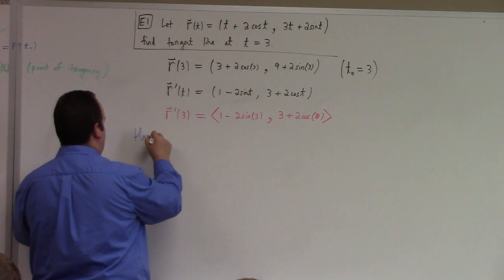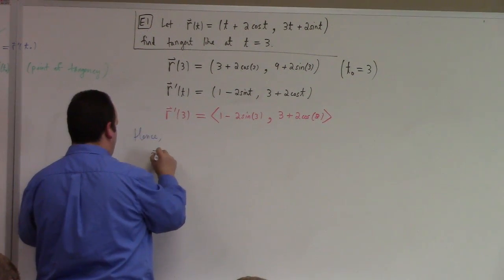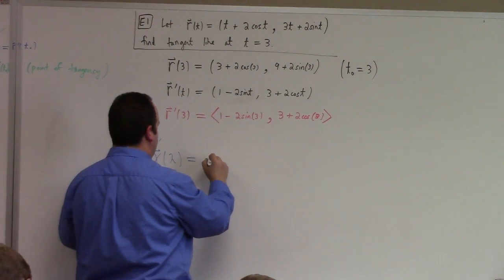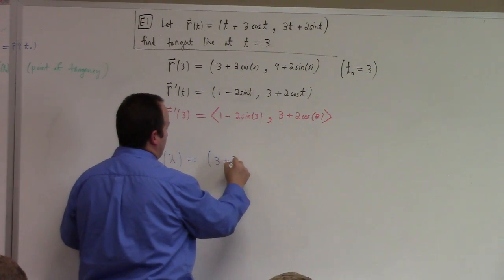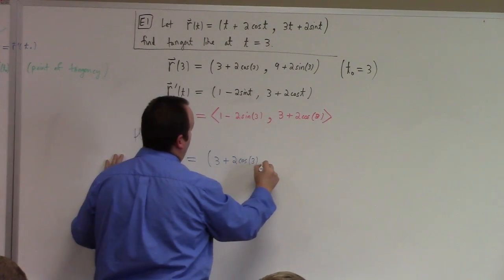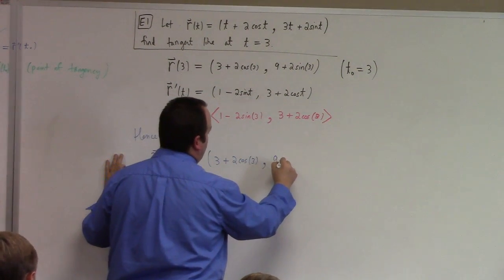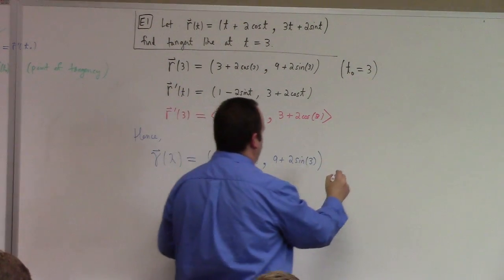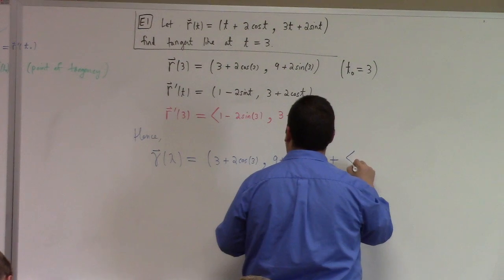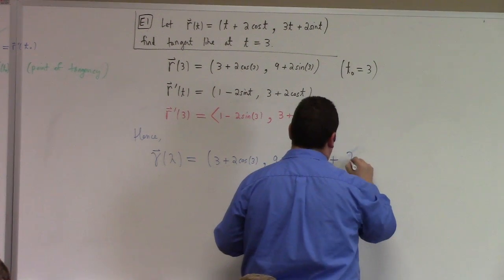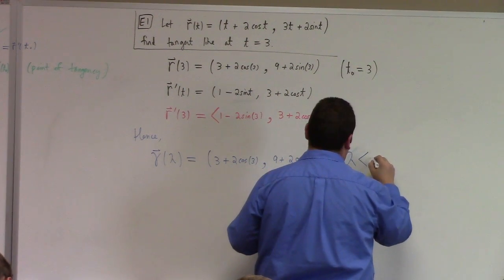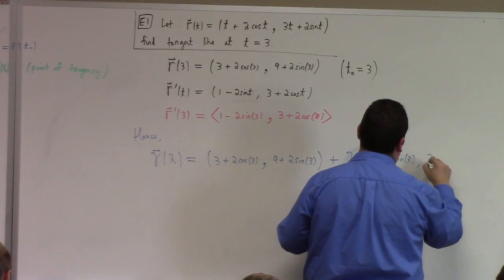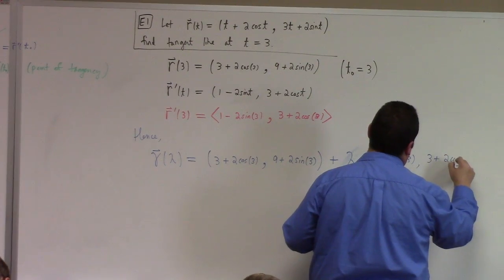Hence, we can look at gamma of lambda equal to 3 plus 2 times the cosine of 3, comma, 9 plus 2 times the sine of 3, plus lambda times the velocity, which is 1 minus 2 sine 3, 3 plus 2 cosine of 3.